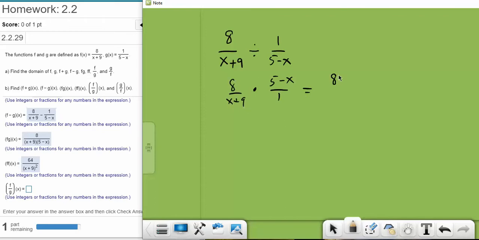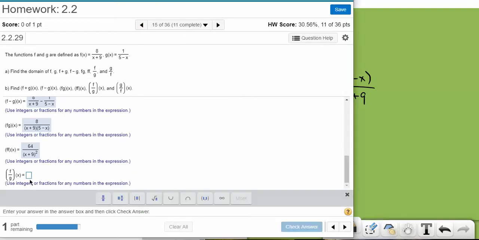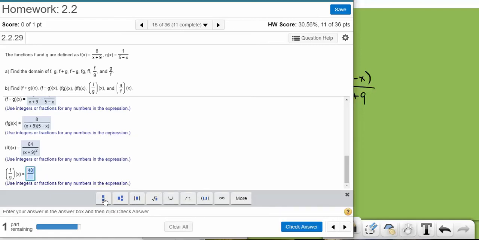So we get 8 times 5 minus x over x plus 9. And again, we probably don't have to simplify it, but that's easy to simplify. 40 minus 8x over x plus 9.